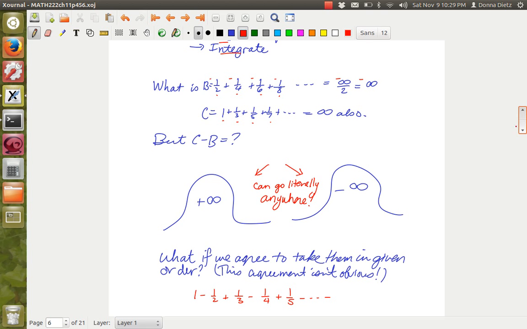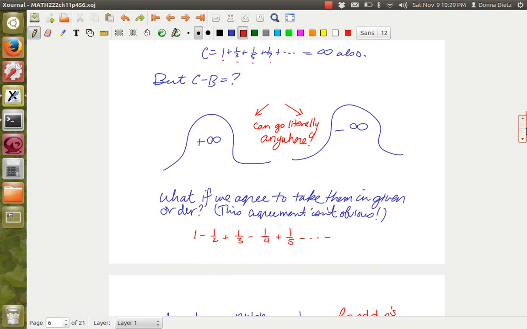That doesn't happen if you have a pile like over here, where instead of infinity this is +7, and over here this is -3. Then it does not matter what order you take the pieces in, as long as you include everybody eventually, you're going to converge to 4 no matter what you do. But when you have infinities, funny things can happen.